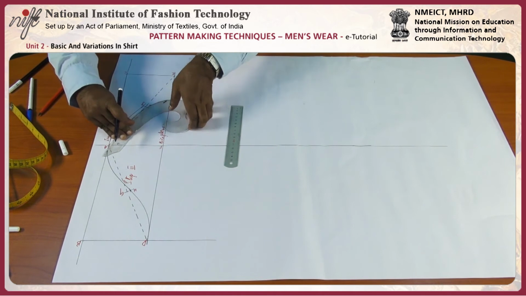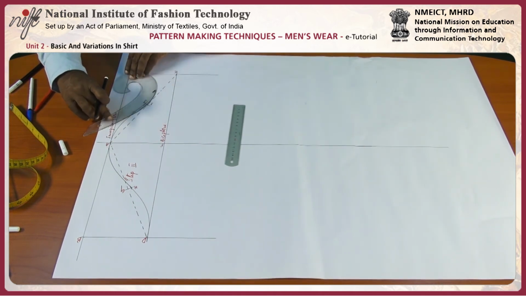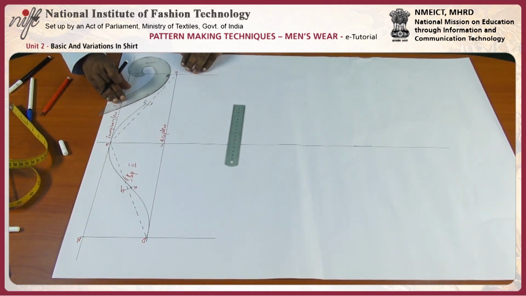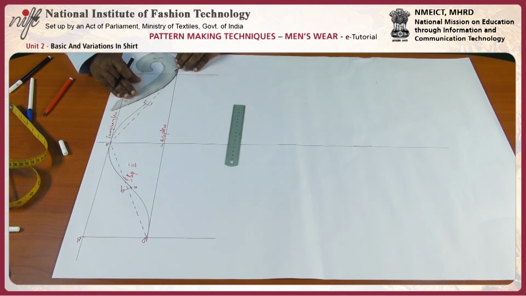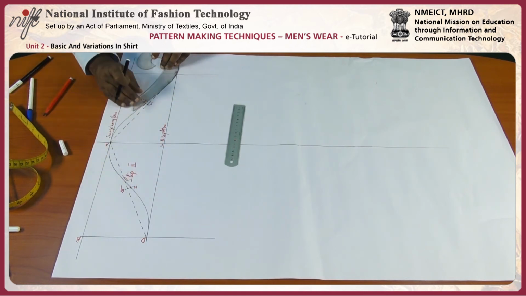Then again the second flip will be like this and brought to point E and aligned to J. Ensure here the continuous curve line. In such a way you need to align and shape.